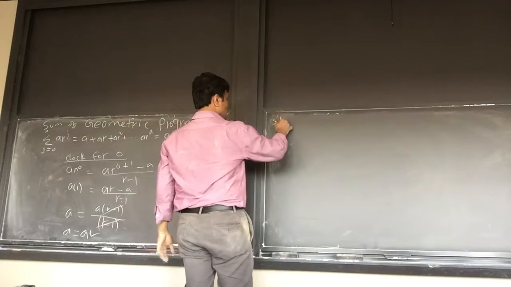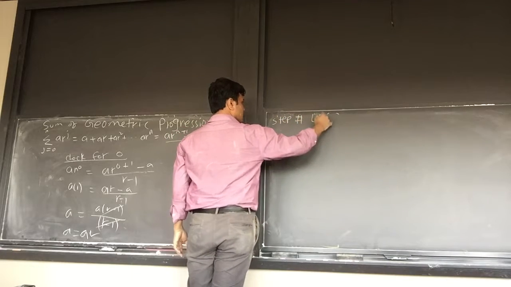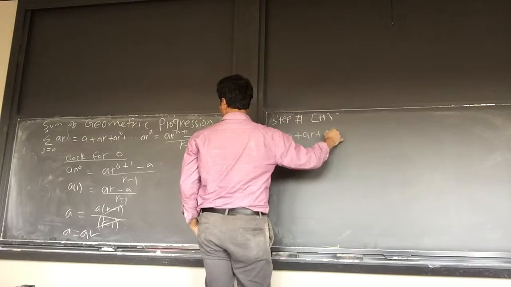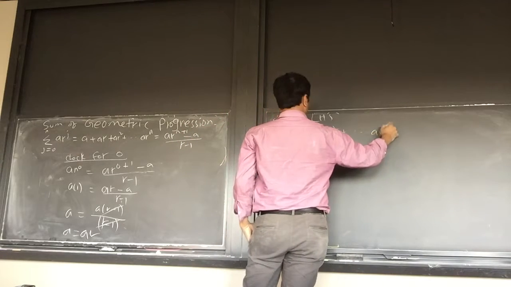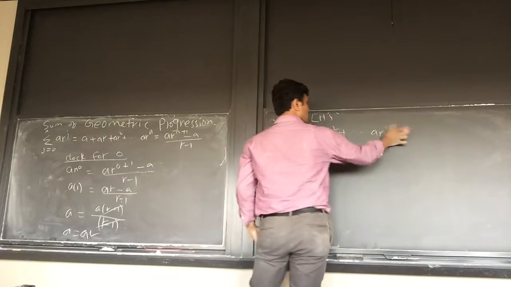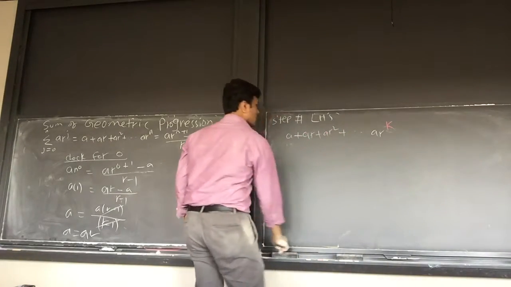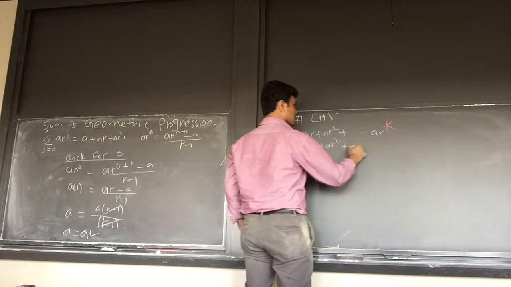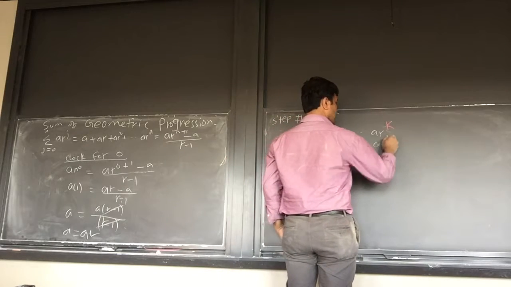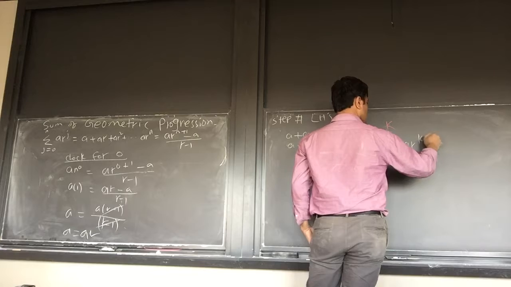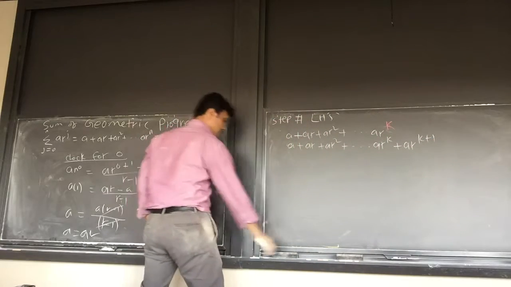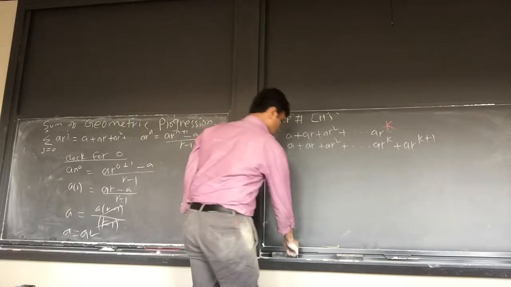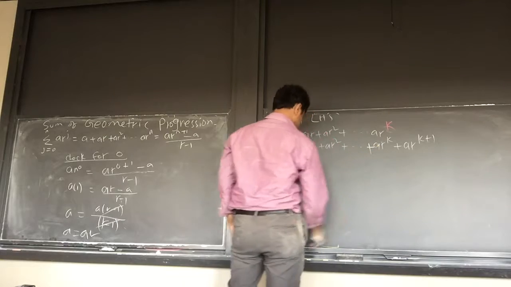So step 2 is the left hand side. And the left hand side is a plus ar plus ar squared plus up to ar^n. So every time we see n, replace it by k. Now we're going to write a plus ar plus ar squared plus up to ar^k, plus ar^(k+1).